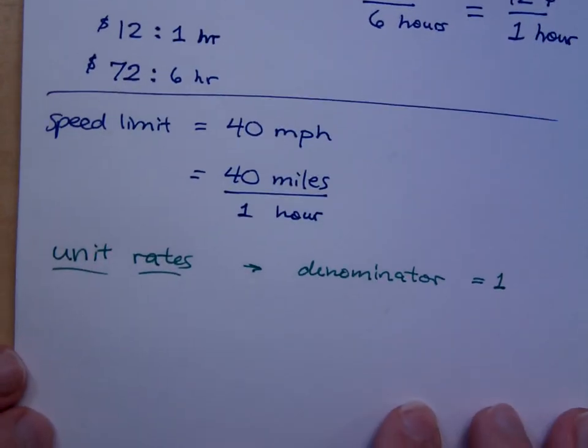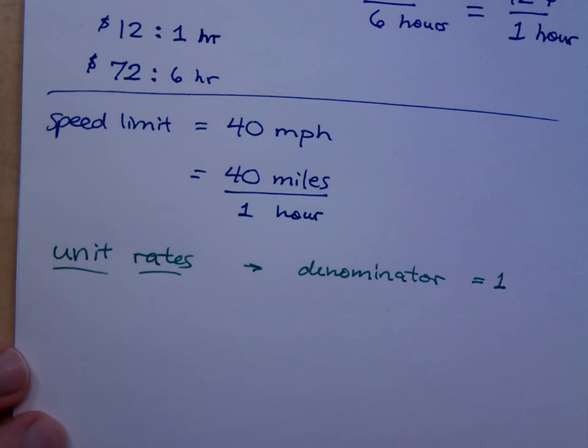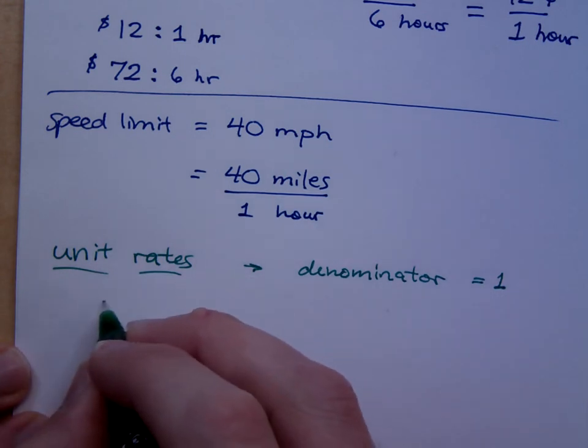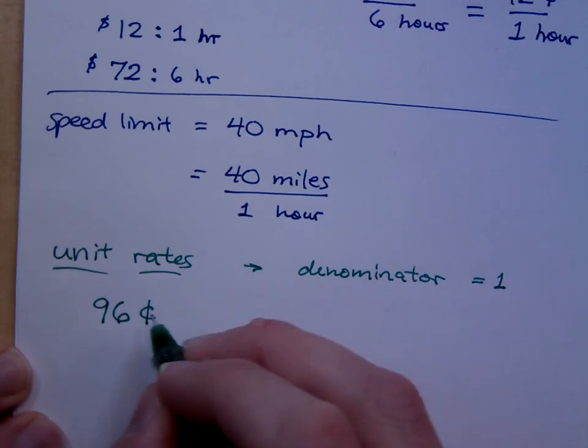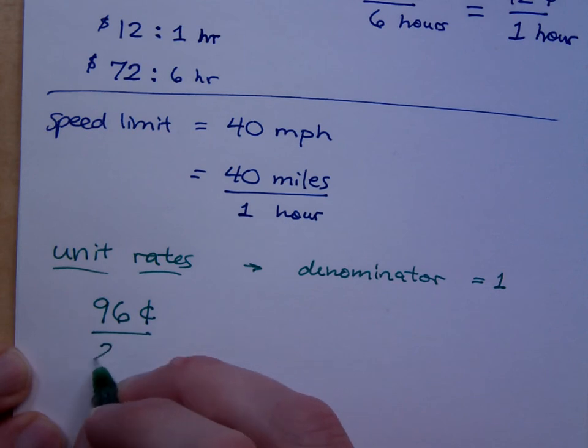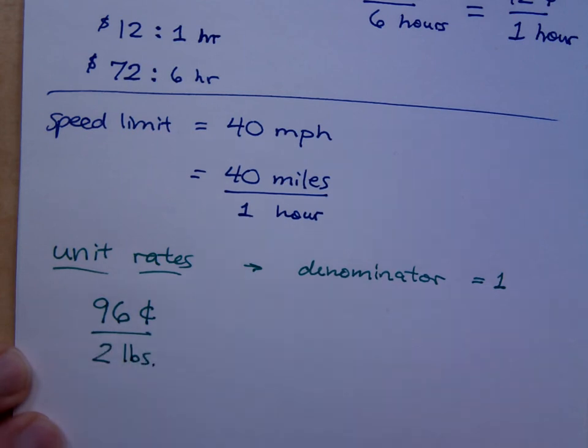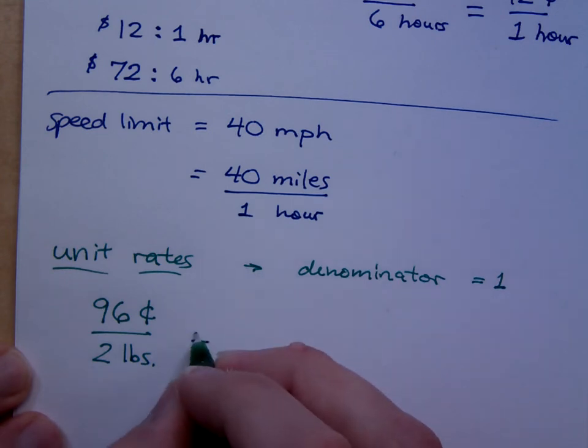If you go buy bananas, I like bananas. But bananas, in my hood, they're 96 cents for 2 pounds. Now, do they actually have that sign posted that it's 96 cents per 2 pounds? No, because they know that people can't do math. So what do they put?